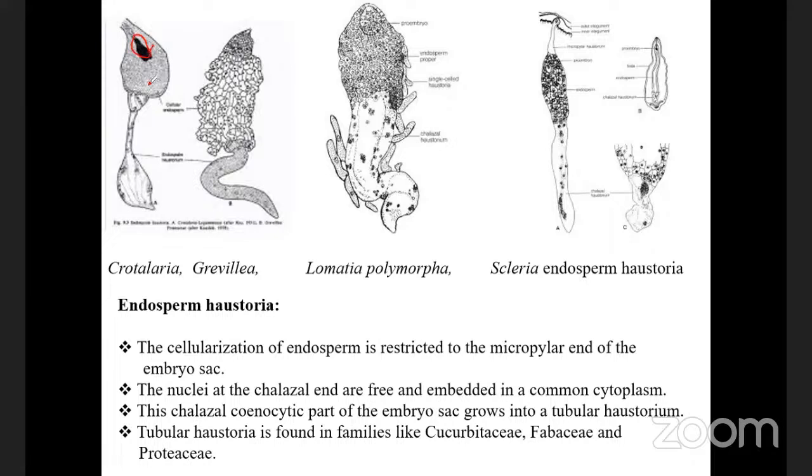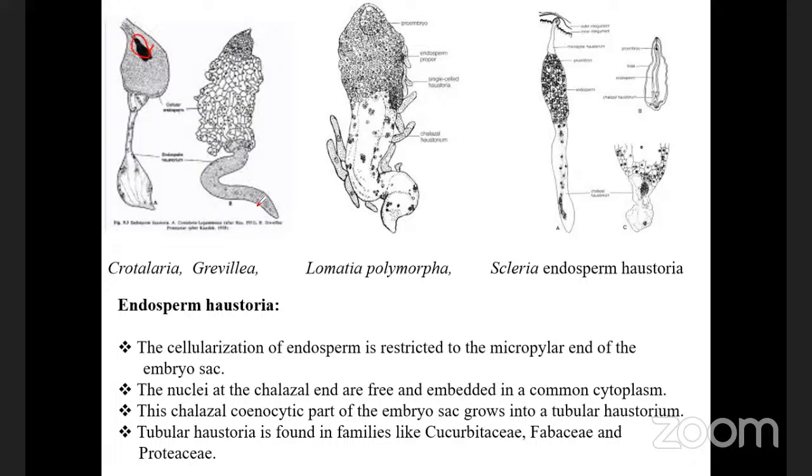At that time, the endosperm forms extra appendages to absorb and supply the nutrition to the embryo for its development. At that time, it forms the special haustoria to supply the nutrition.